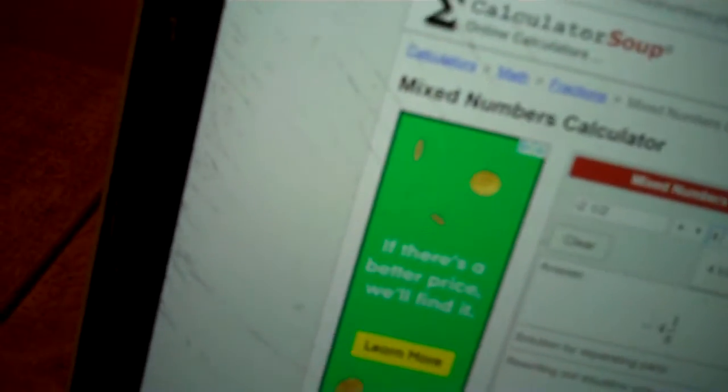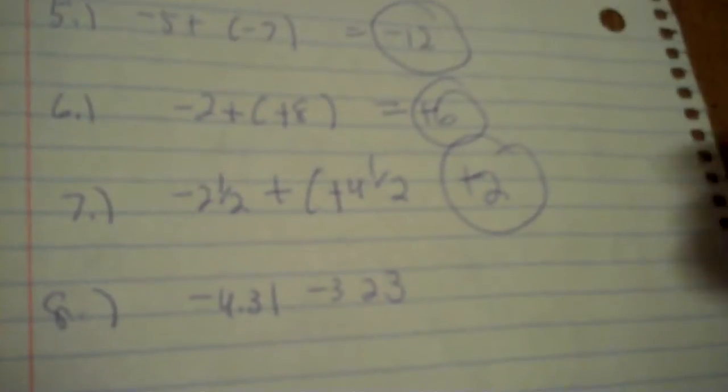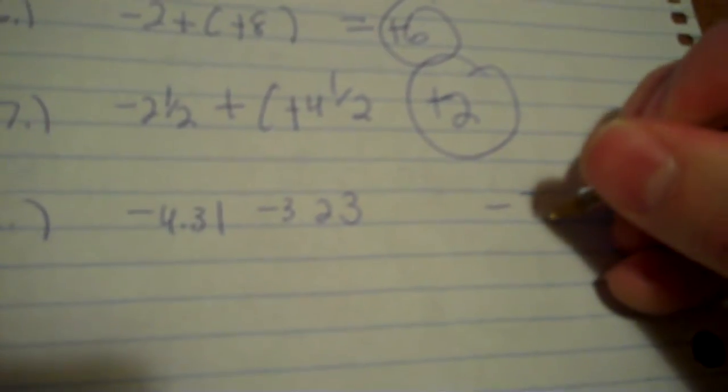The answer's 2, by the way. But if you're not the greatest with fractions, punch it in, you're going to get 2. Okay, makes sense. Okay, number 8. -4.31 minus 3.23. Okay, that's just going to be -7.54.